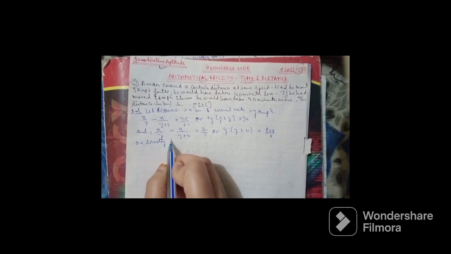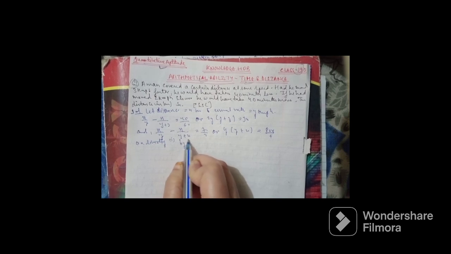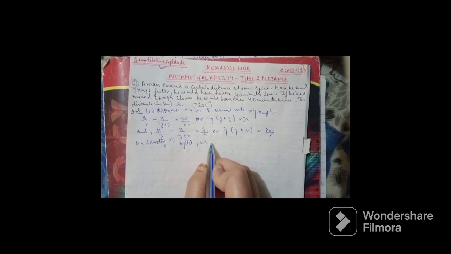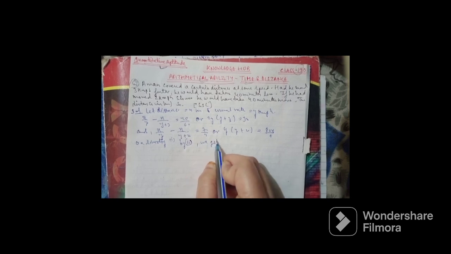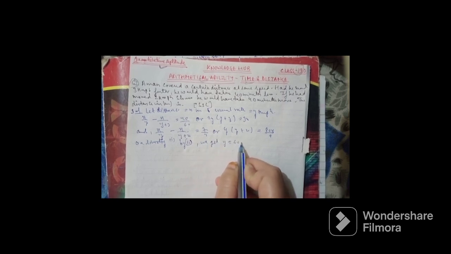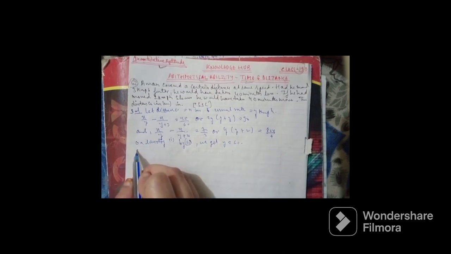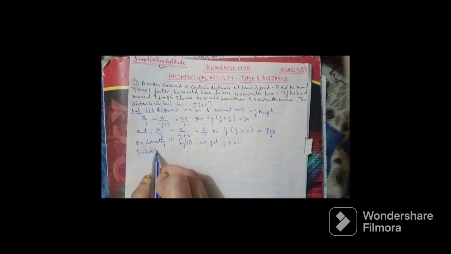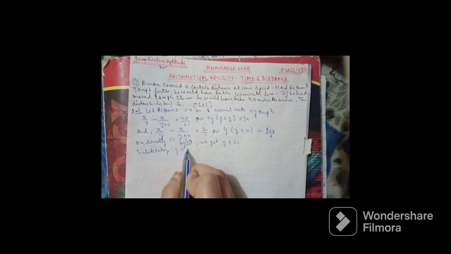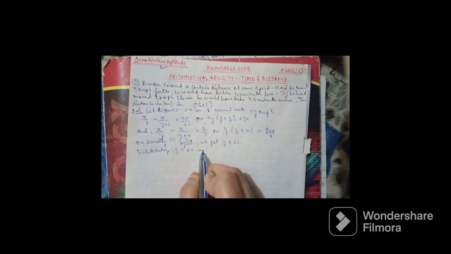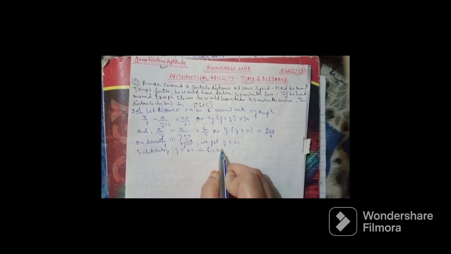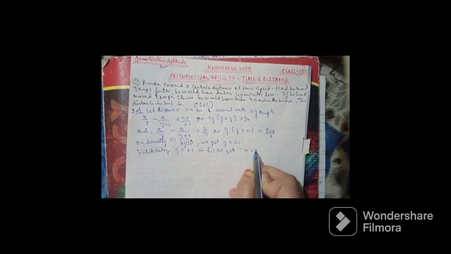On dividing 1 by 2, we get y equals 60. Substituting y equals 60 in 1, we get x equals 420 kilometers.